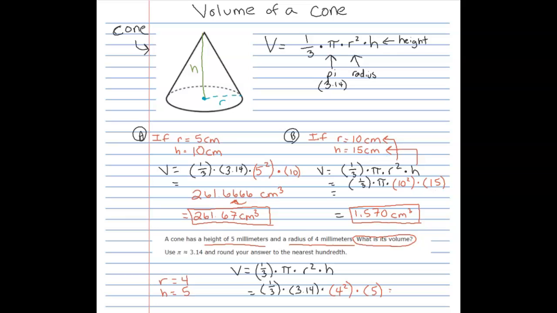Times 3.14 times 4 squared times 5. I am given that as 83.7333. So rounding in this case, this 3 tells this 3 to stay the same. My units were millimeters.